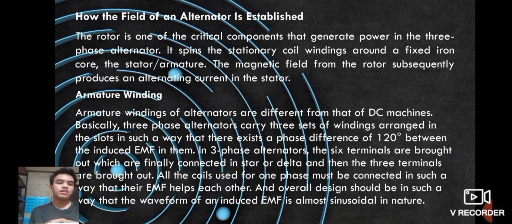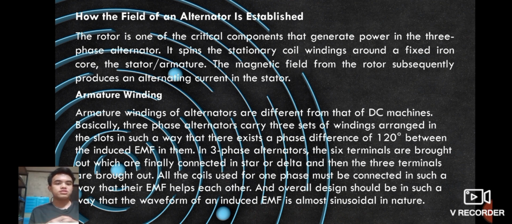Basically, three-phase alternators carry three sets of windings arranged in the slots in such a way that there exists a phase difference of 120 degrees between the induced EMFs in them. In three-phase alternators, the 6 terminals are brought out, which are finally connected in star or delta, and then 3 terminals are brought out.